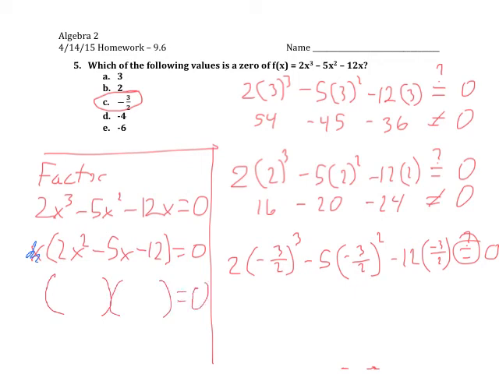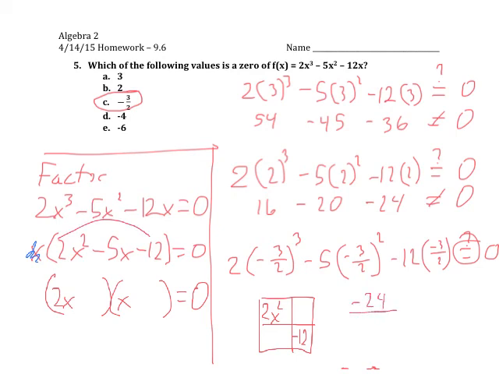The rest of it, I'm going to try to factor into the product of binomials, just like we normally do. The tricky part is that this is harder than the ones we've been doing in class lately because of that 2 in front. So what we used to do is use the box: we'd put the first number into the first box, the last number into the last box, and then take 2 times negative 12, that would give me negative 24.